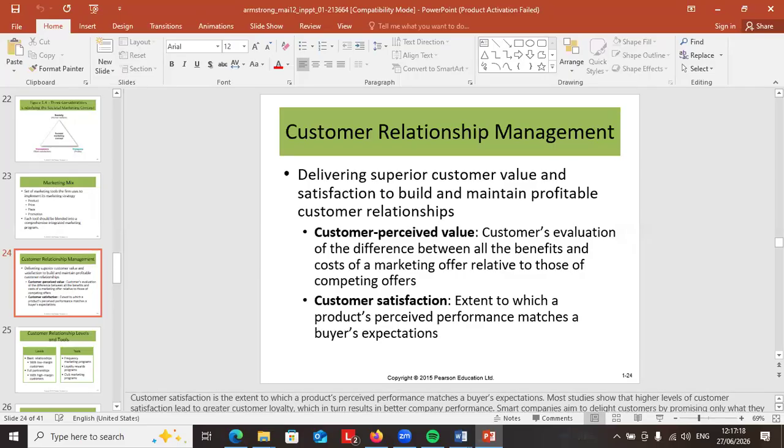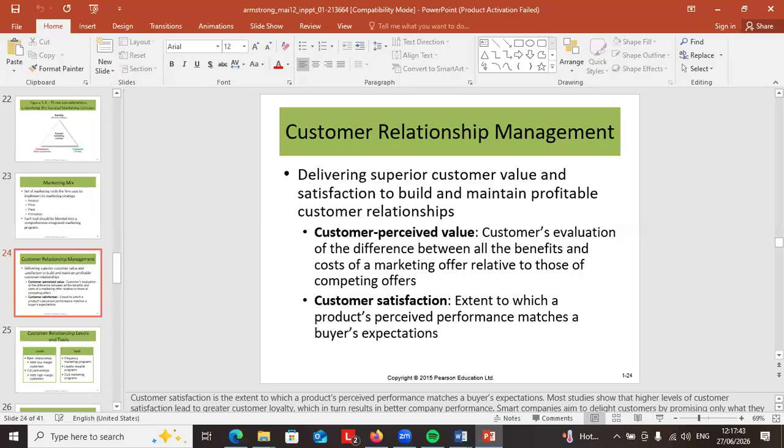Then we have the concept of customer satisfaction, which is the extent to which a product's perceived performance matches a buyer's expectation. Of course, most studies show that higher levels of customer satisfaction lead to greater customer loyalty, which in turn results in better company performance, right?